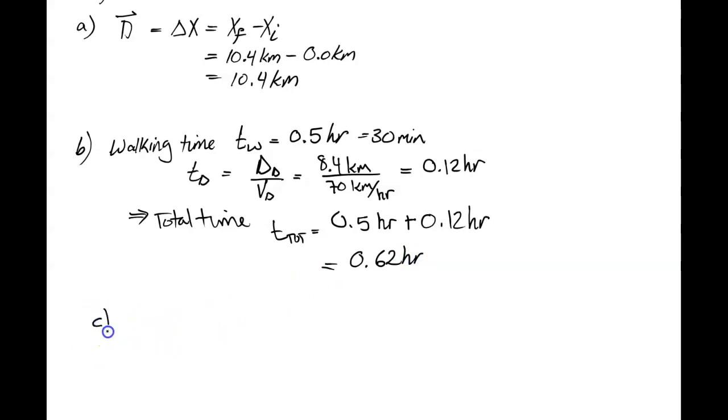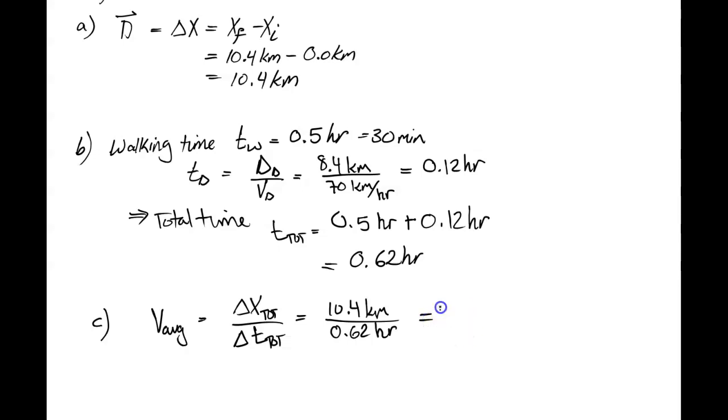And lastly, for part C, for the average velocity for the whole trip, the average velocity is the total change in displacement over total time, which is 10.4 kilometers over 0.62 hours, which is 16.8 kilometers per hour.